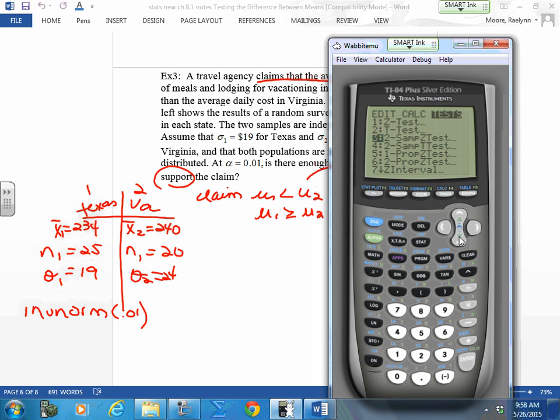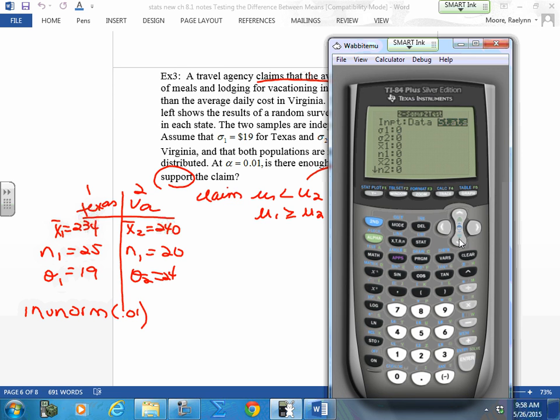How do I know it's a Z? We have a population standard deviation. Good. Together we get this right.